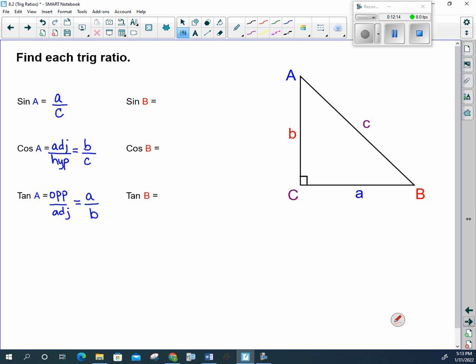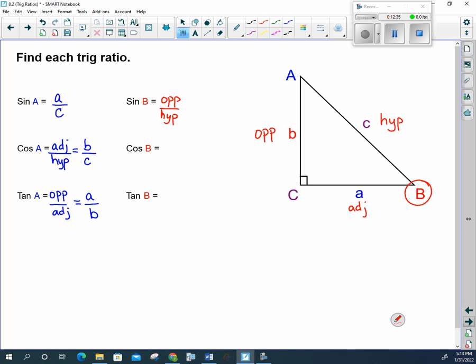Okay, now we're going to switch letters, and we're going to come here to angle B. So when I do that, this now becomes the adjacent side. This becomes the opposite side, and of course the hypotenuse stays the same. So sine B, remember, is opposite over hypotenuse.